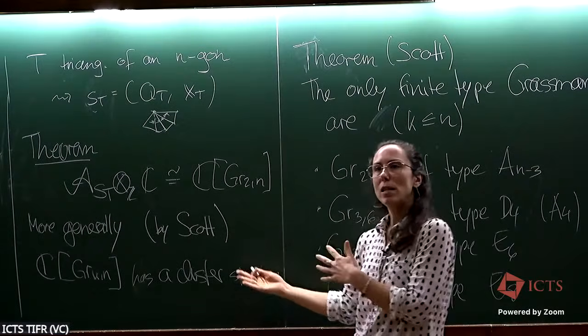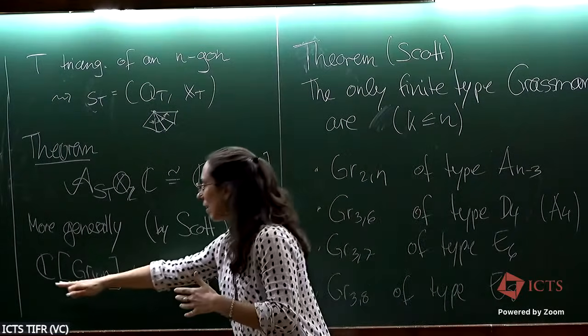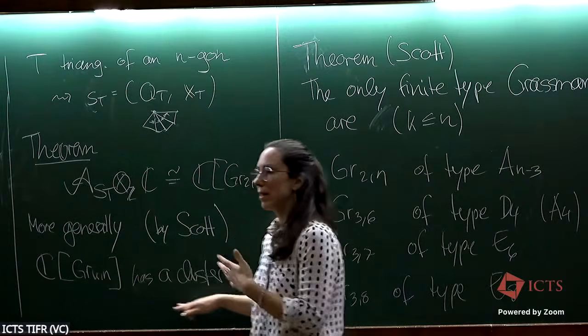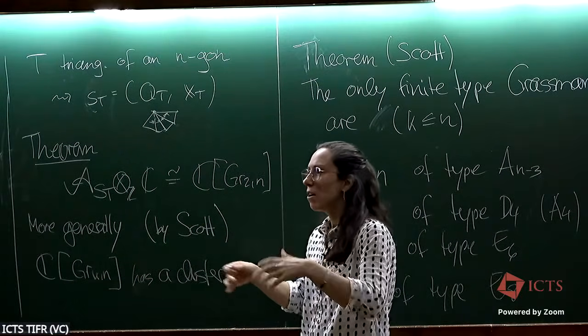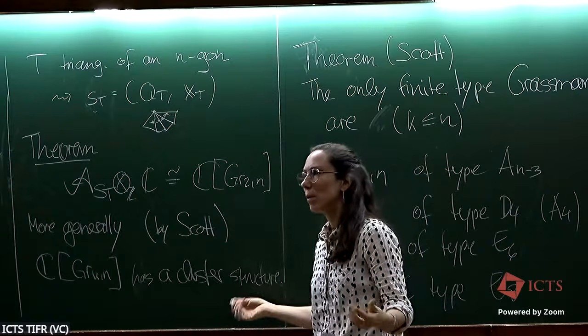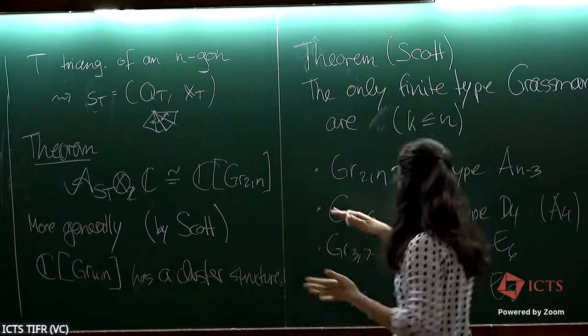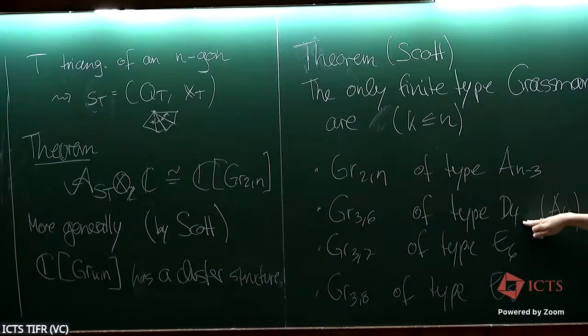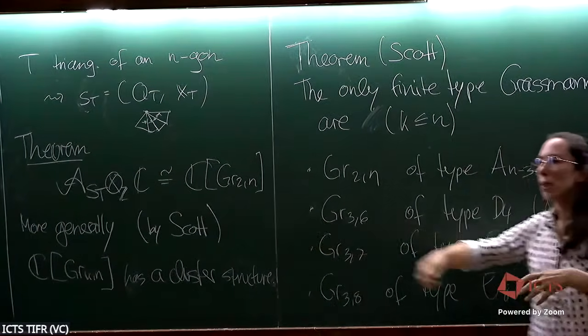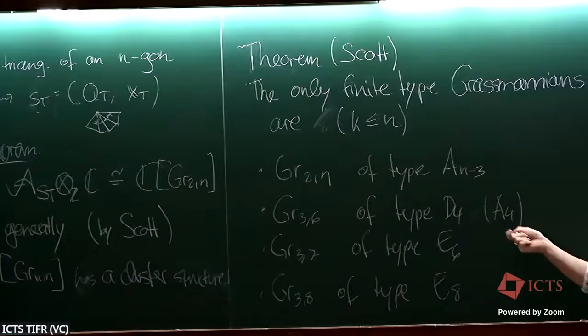What do I need to do to show an algebra has a cluster structure? I have to find some cluster pattern, generate a cluster algebra, and show there's an isomorphism. But it is true that we have these examples, for example here, of the two alternative ways to show that this is a cluster algebra, and we get two different cluster structures.